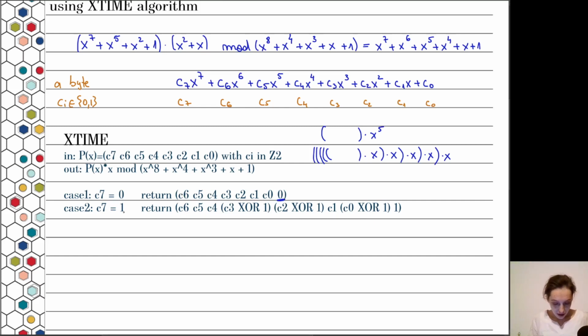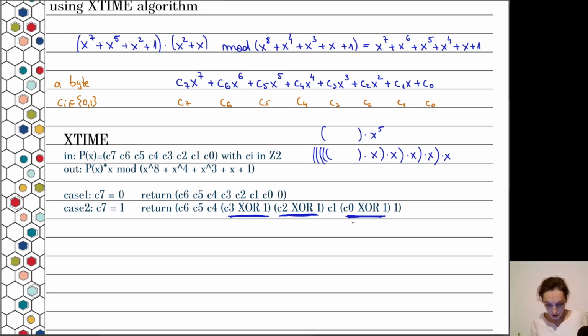In the other case, we will shift again the coefficients by 1 position to the left, but we also will have to compute an XOR between the third coefficient and 1, the second coefficient and 1, and the coefficient 0, C0, and 1.